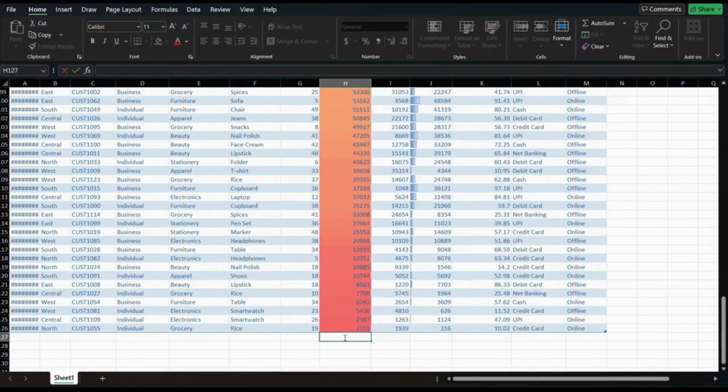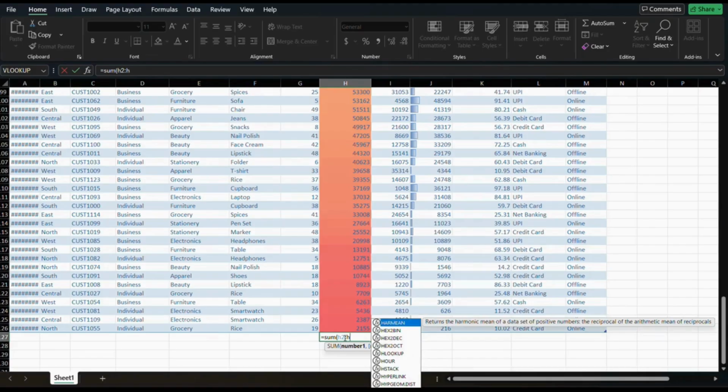To start, I am using the sum formula to calculate total revenue and total profit. It is one of the most basic and most useful formulas for summarizing performance.